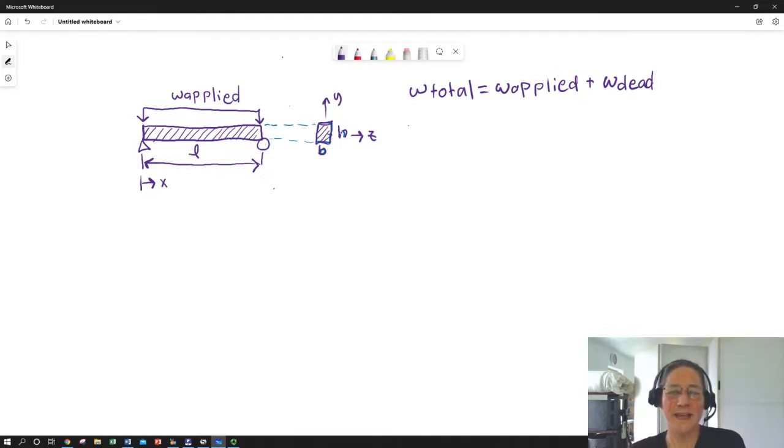So we have a beam that's H tall, B wide, it's L long. It is simply supported, so we have kind of a hinge support here and a roller support. This could be any kind of bearing. We don't have any loads applied in the X direction. Like I said, we're not applying any compressive or tensile loads, so the neutral axis is the centroid right here in the middle. And it's a rectangular cross section, so not very efficient from a density versus load bearing standpoint, but very simple to manufacture.